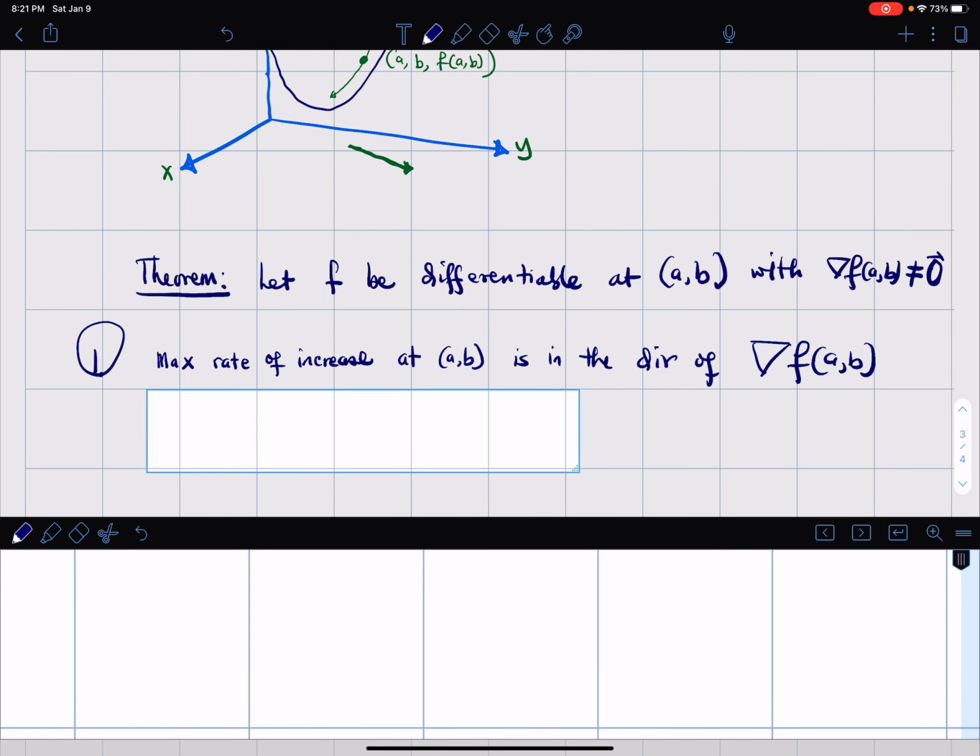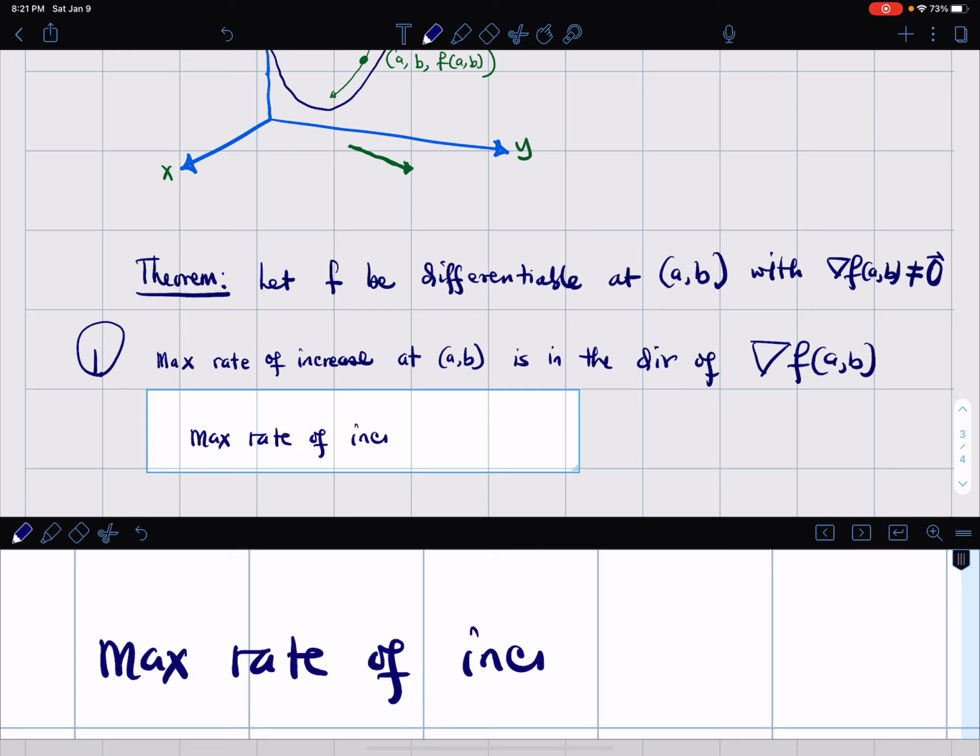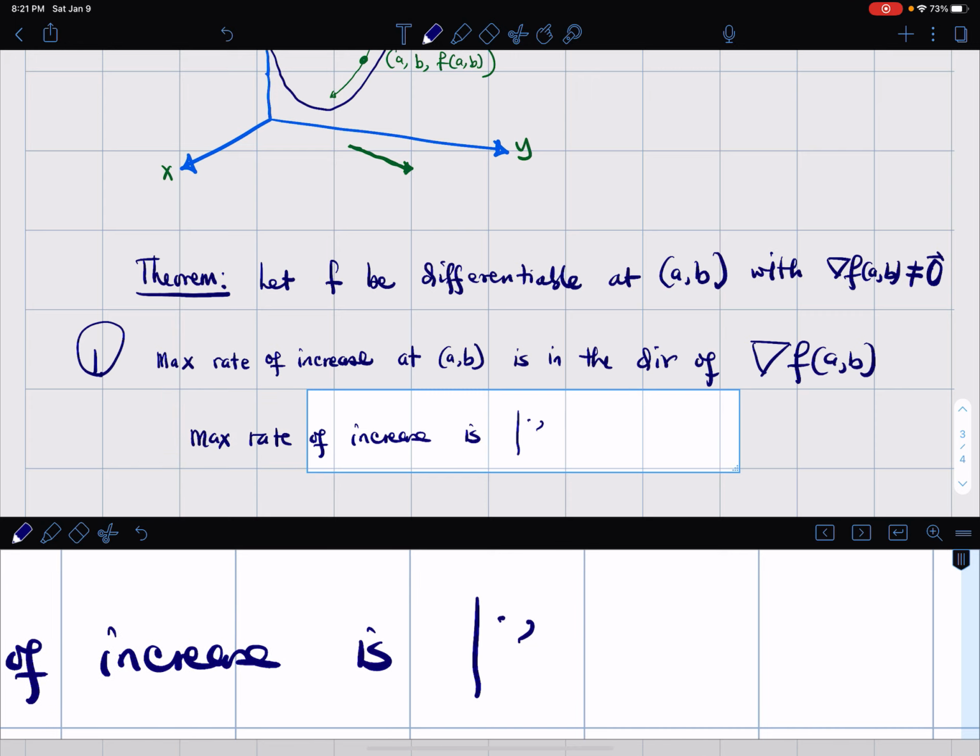And the maximum rate of increase is actually the magnitude of the gradient.